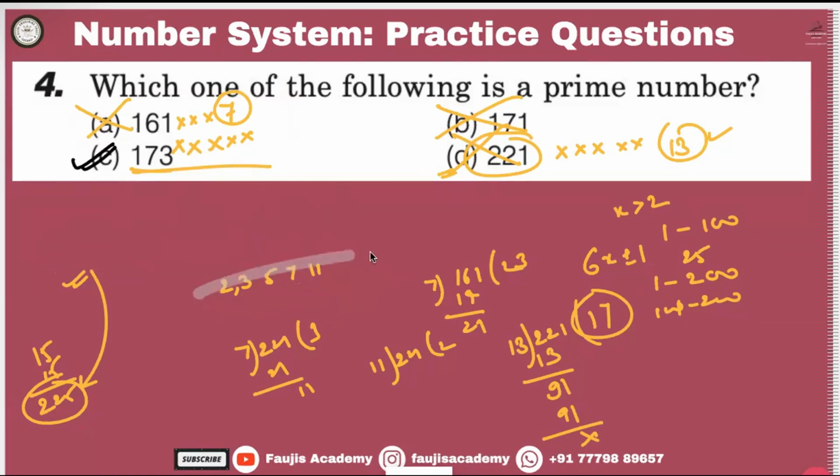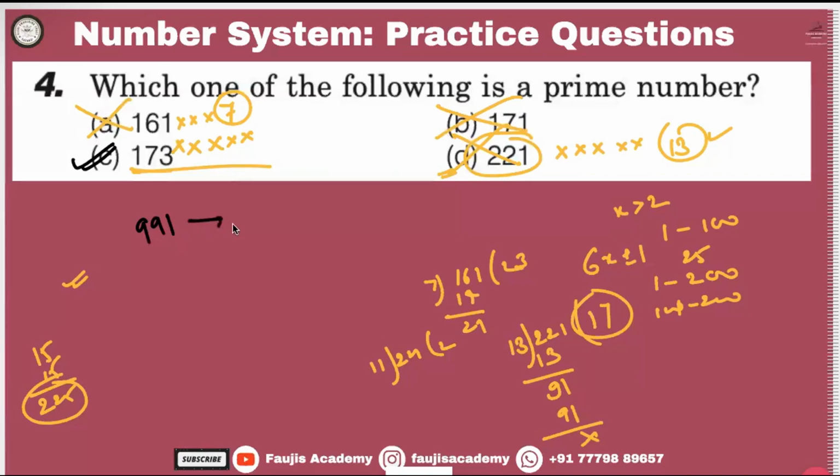So basically, let's say I gave you some number, let's say 991, and I ask you to find out whether or not this is a prime number. What you will do, you will find the nearest perfect square, that is 1000?